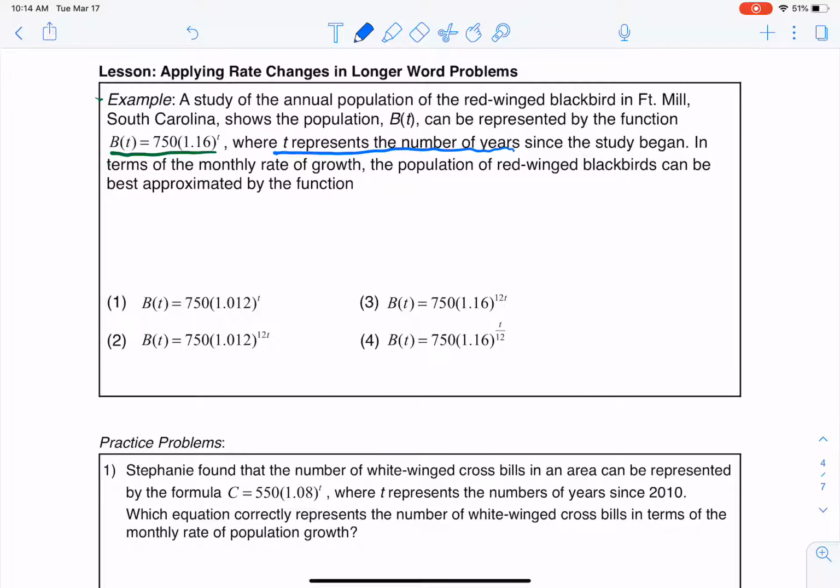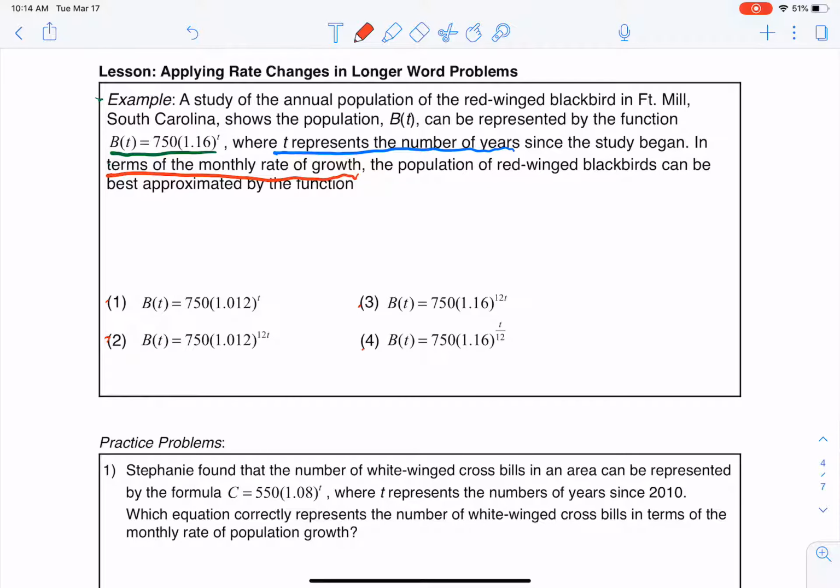So that rate and the time is given to us in terms of years. In terms of the monthly growth rate, the population of red-winged blackbirds can be best approximated by the function, and then we have four different functions to look at here.